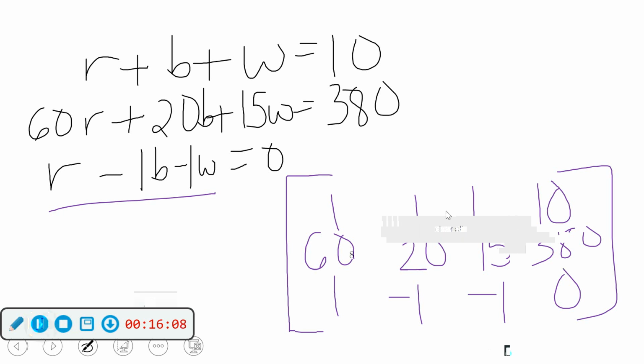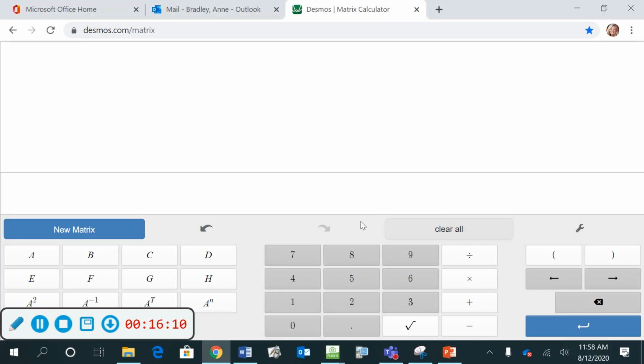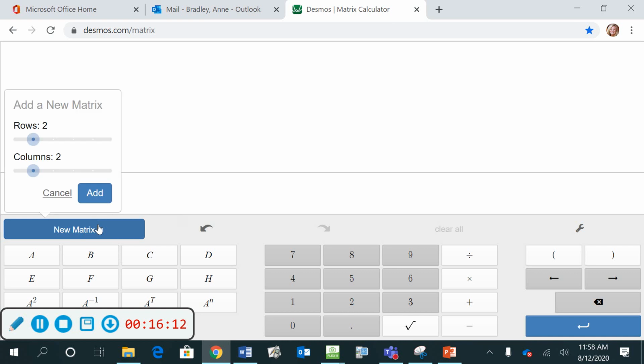If your previous problem was here, if you hit clear all a few times, it will go away. So we had 3 equations, that's 3 rows, and again there are 4 columns. It represents the roller coasters, that's 1, the B and the W, and then we have the constants. Now I'm going to plug in the numbers I have.